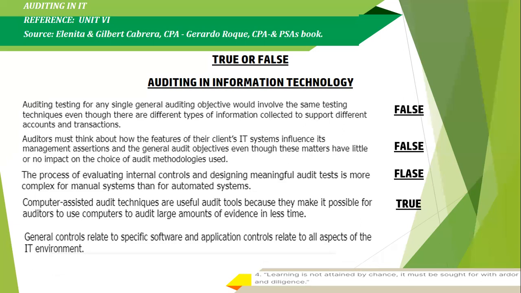General controls relate to specific software application controls, relate to all aspects of the IT environment. So general controls and application controls are different. In an IT environment, general controls are those that affect multiple application systems like the payroll, accounts payable, accounts receivable.